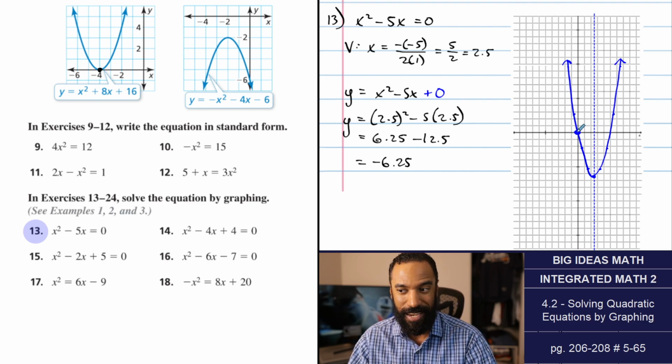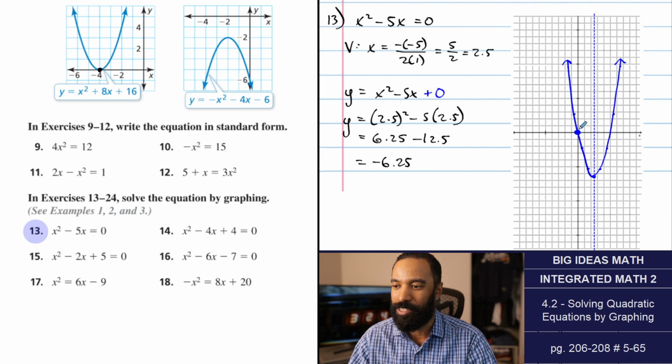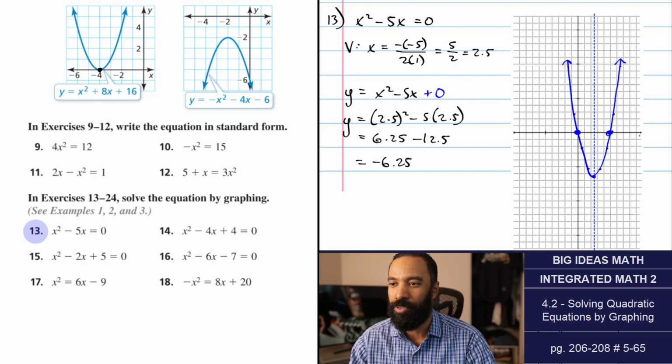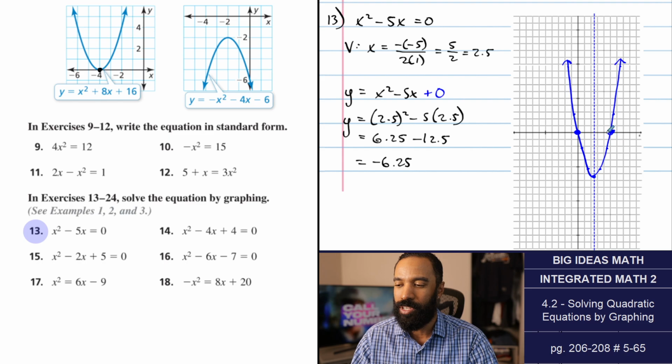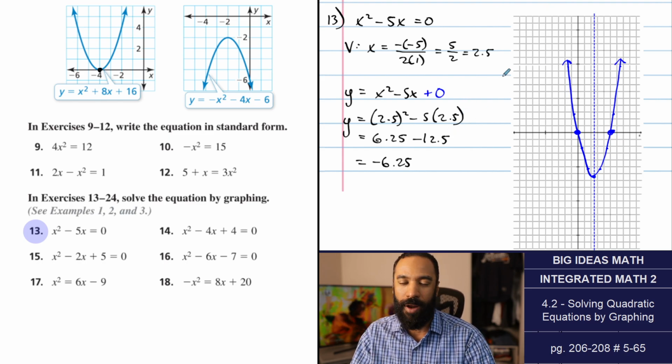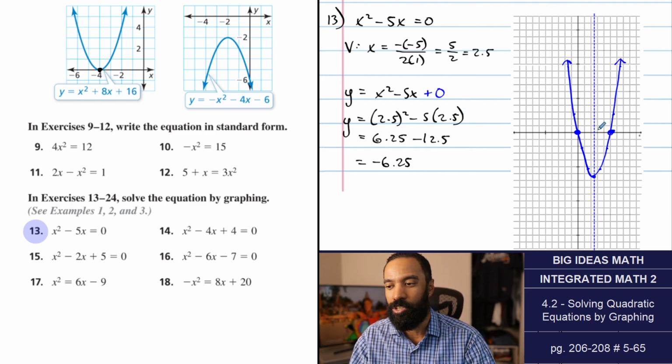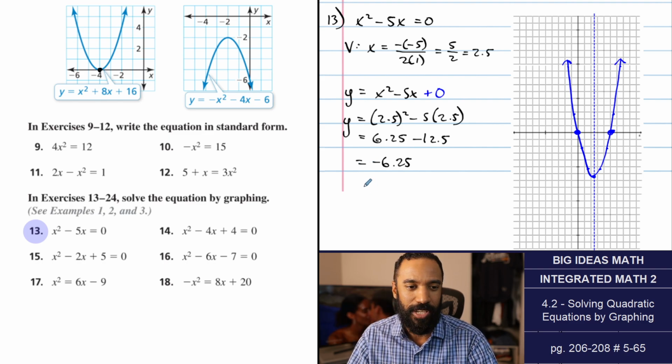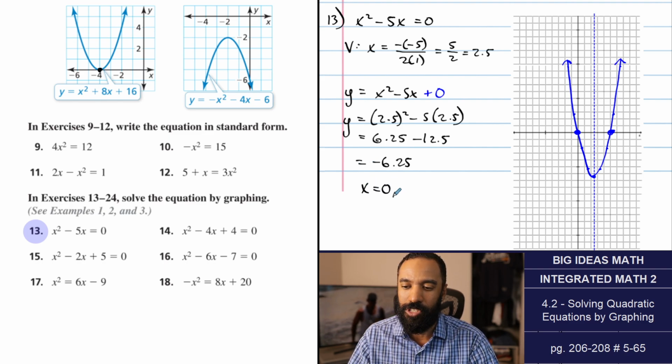So that's a point that this actually hits, you can tell. And when we reflect across, 2.5 away is this other point right here. So it does hit both of these points at x equals 0 and x equals 5. I can use that as a corresponding point for the y-intercepts. So x equals 0 and 5 through the graph.